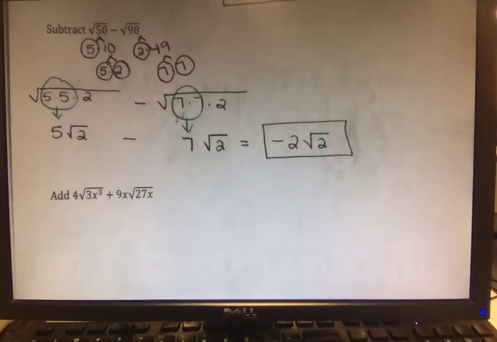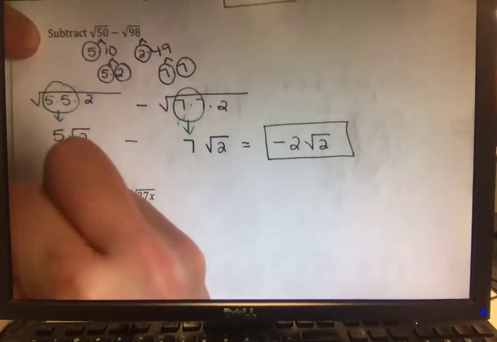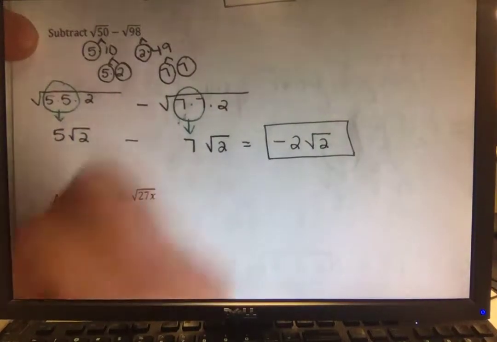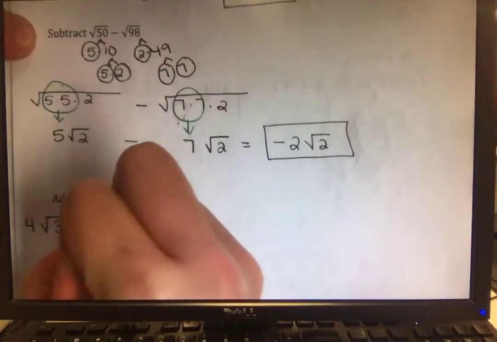Next one, we have to add 4 square root of 3x cubed plus 9x square root of 27x. So as of right now, these are not like terms. They're not the same thing, but we can try to simplify them to make them like terms. So that 4's out front. Breaking down, we have 3x cubed, so 3 times x times x times x.